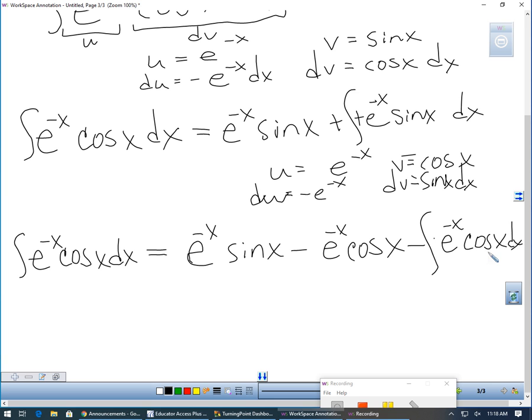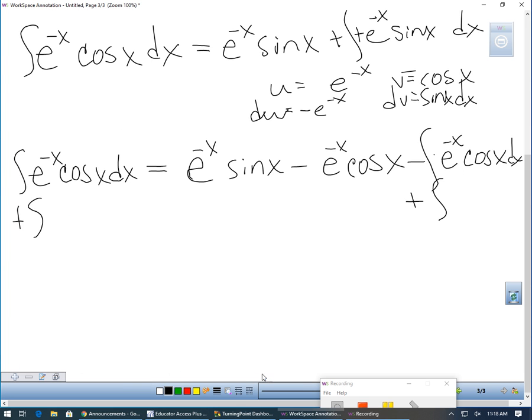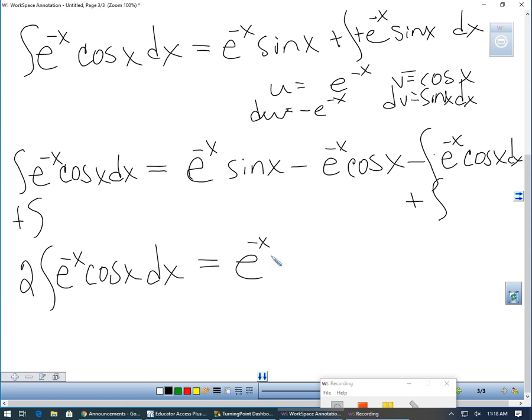So the trick to this is we're going to add this integral to this side, because they're the same, right? So I actually am going to have two of these. So I have two integrals of e to the negative x cosine x dx equals e to the negative x sine x minus e to the negative x cosine x.